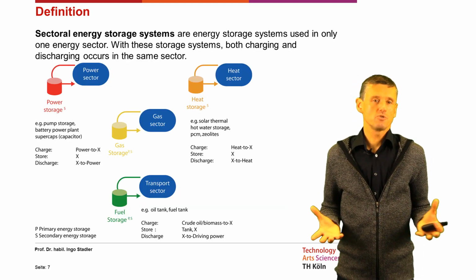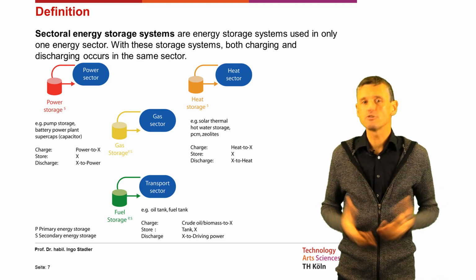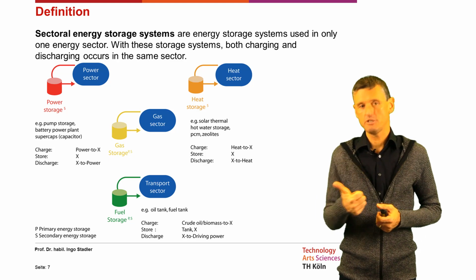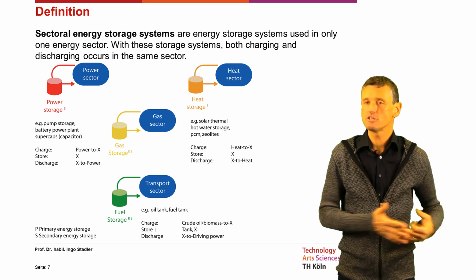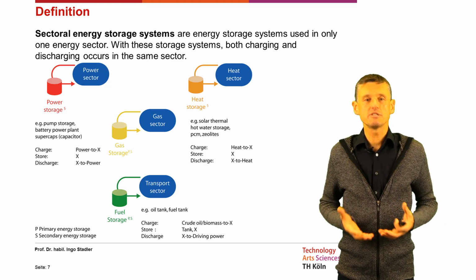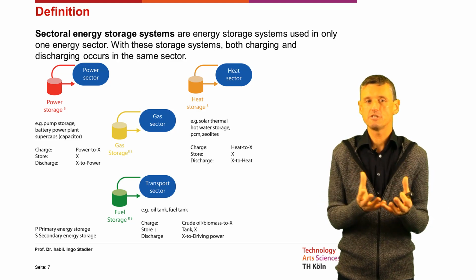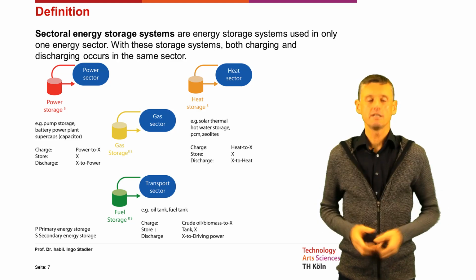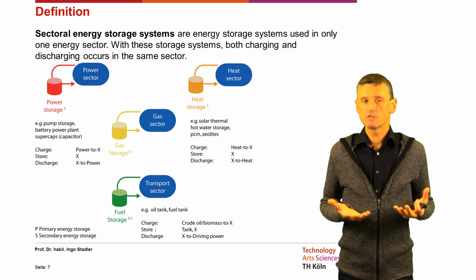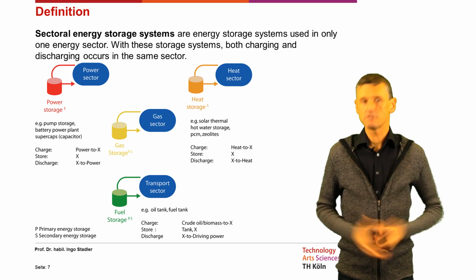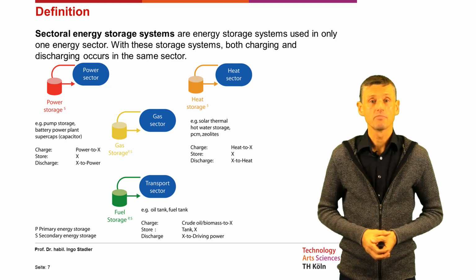Then we have the so-called sectoral energy storage systems. These are energy storage systems used only in one energy sector. With these storage systems, both charging and discharging occur in the same sector. So we have a storage system only in the power sector. That can be pumped hydro storage, a battery storage, or a supercapacitor. It keeps everything in the electricity sector.